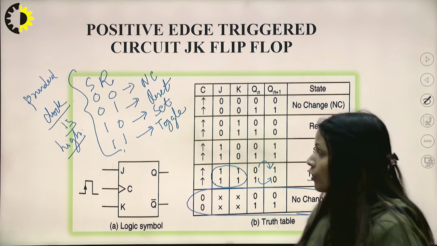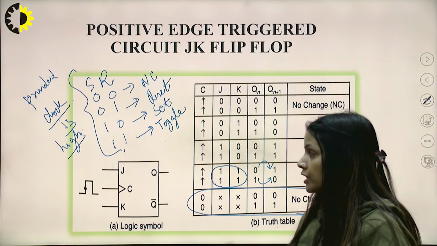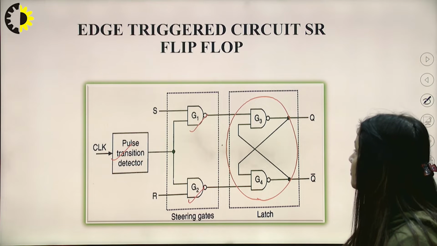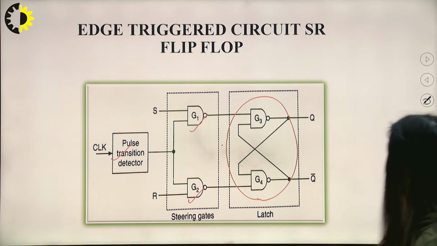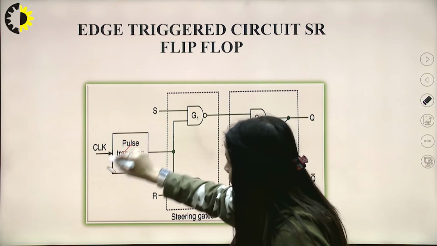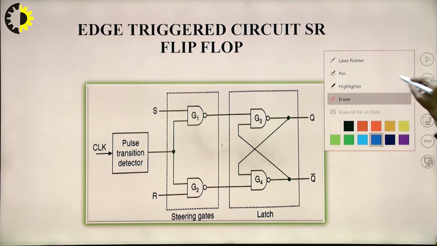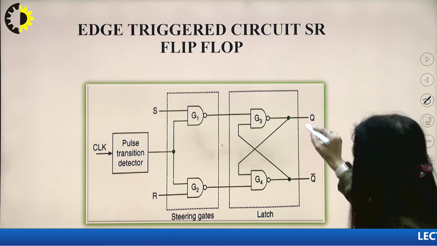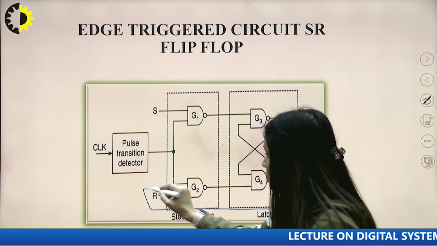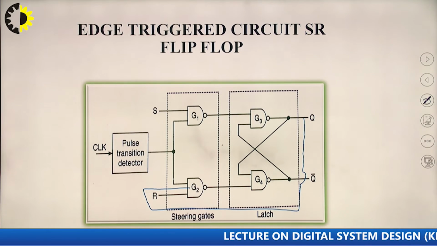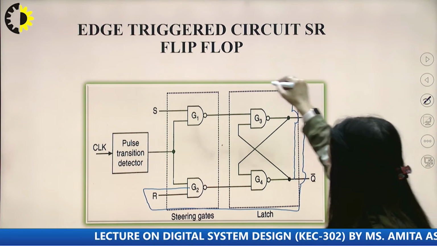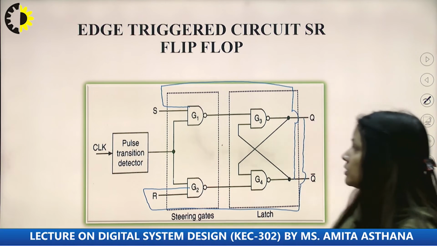So how we make the JK flip-flop from this SR flip-flop is, see, there is a little change: this input is being given to this G2, and this feedback is also being given to G1.